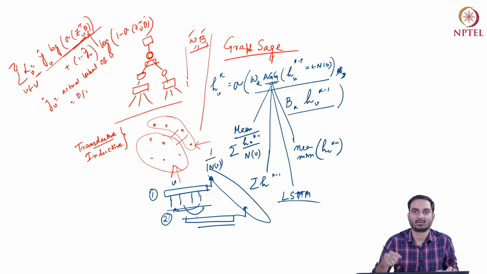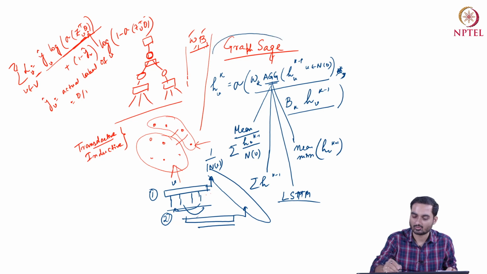If you shuffle multiple times, feed them to different LSTMs, and aggregate them, somehow that order invariant property can be preserved. That is the idea. You can use an LSTM here.